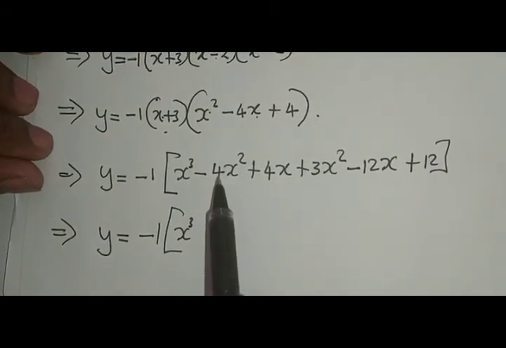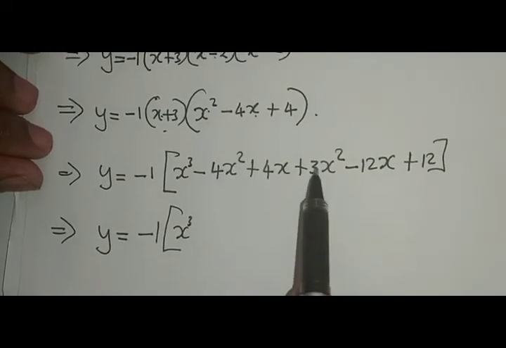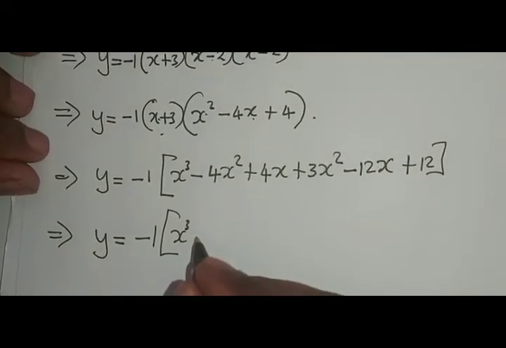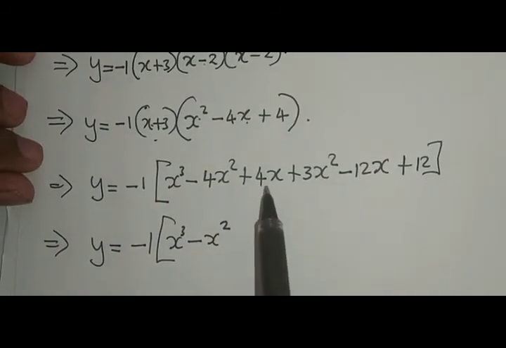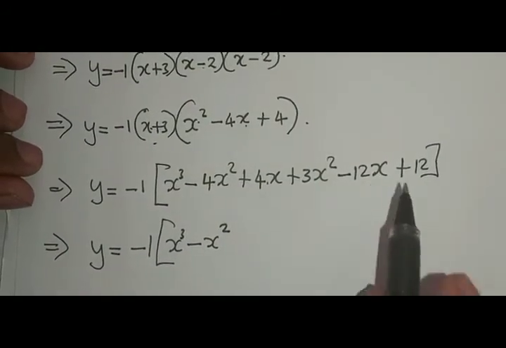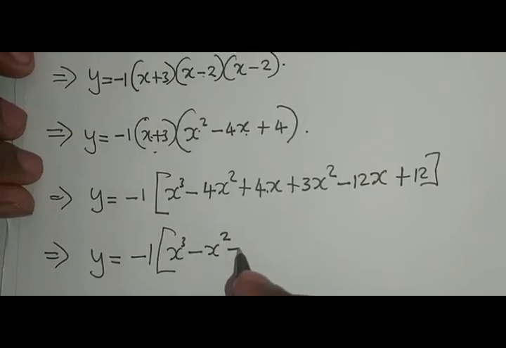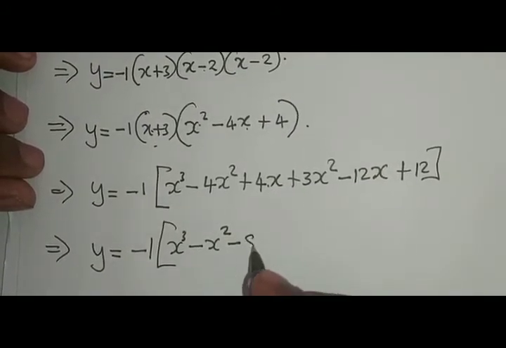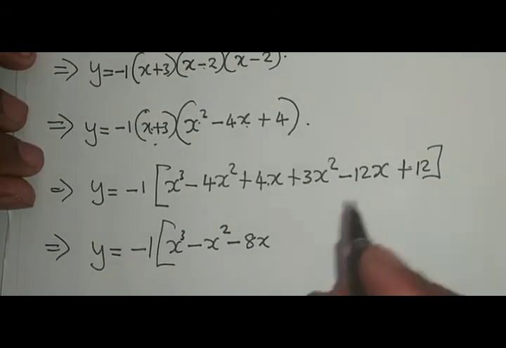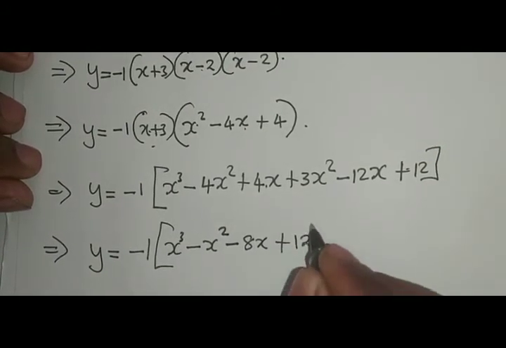I'm grouping like terms now. Minus 4x squared plus 3x squared, it gives me minus x squared. Then 4x minus 12x, I get minus 8x plus 12.